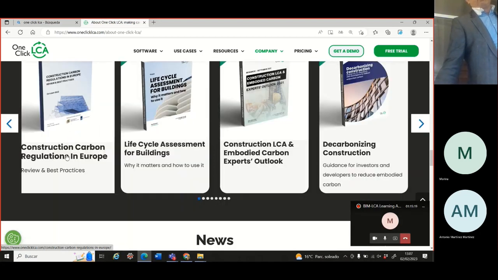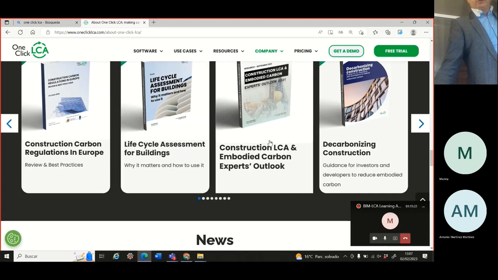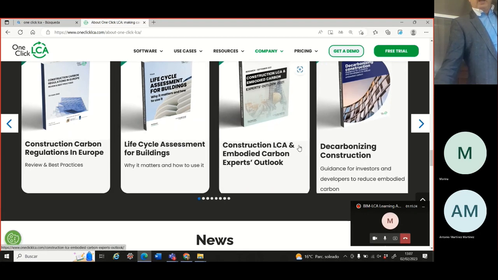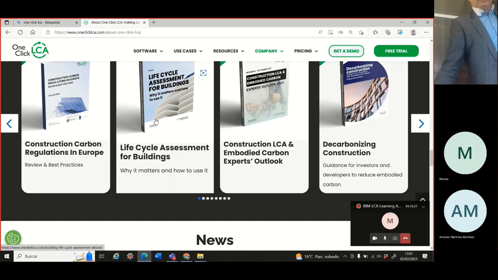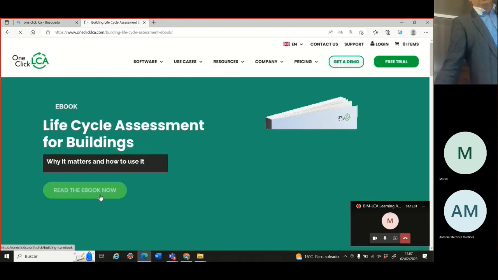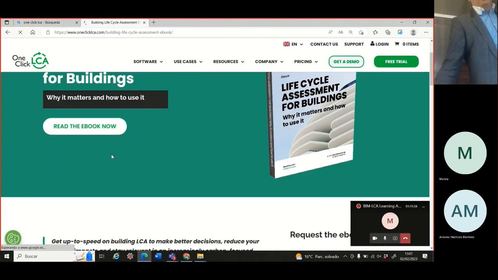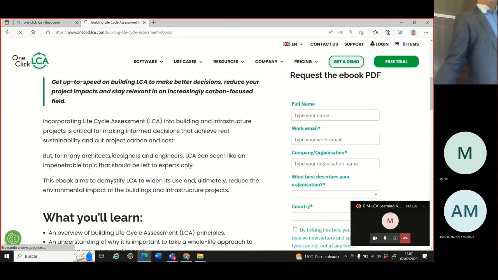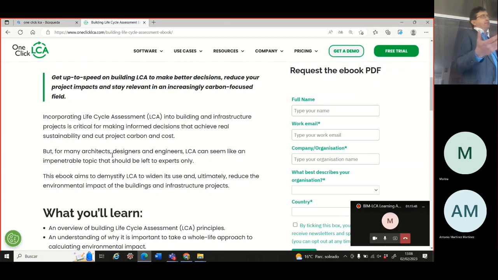For instance, if you want the regulation on construction LCA, you just click on that ebook, and you can read it now or download it. So for you as students, it's a free source of information, from people who have been working for many years. But of course, it's a company, bear in mind. They are not doing this just for free for the fun of the students.